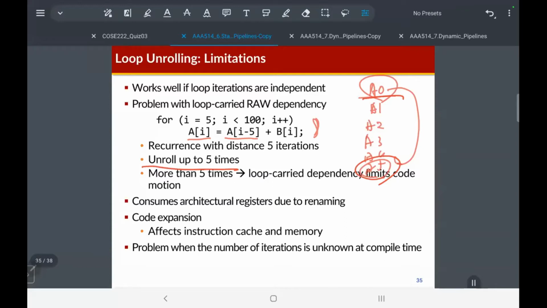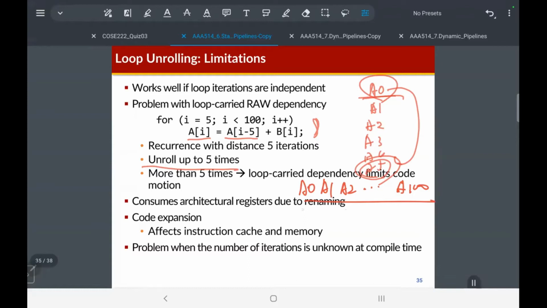If the loops are independent, like A0, A1, A2, up to A100, and each loop is independent of each other, then we can apply parallel processing very easily. But in this case, it's very hard. The loop dependencies are not good for parallel processing.